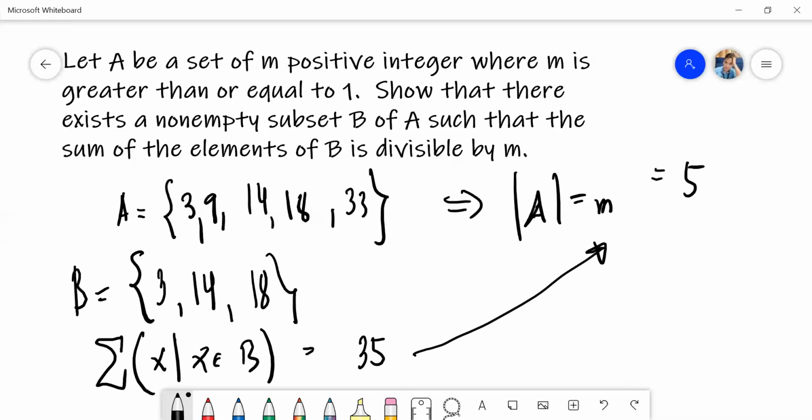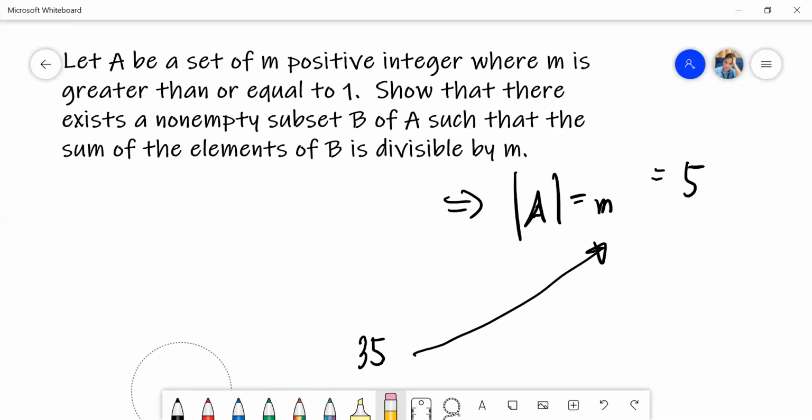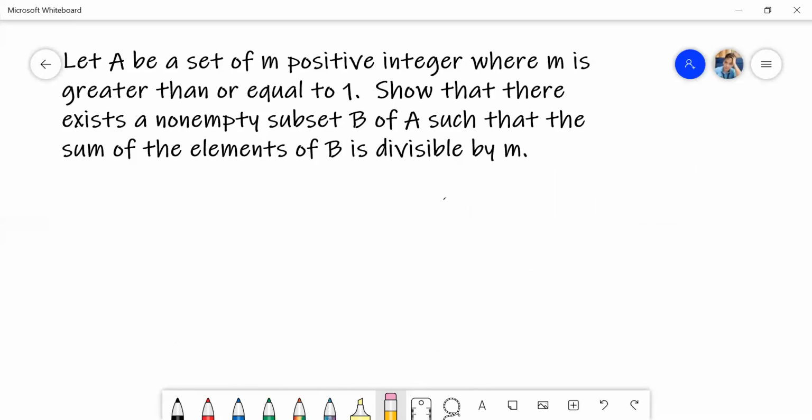That is the message of the statement here. We will have to prove that the statement is true. Although we can see it from an illustration, of course we will have to generalize the proof of this statement.